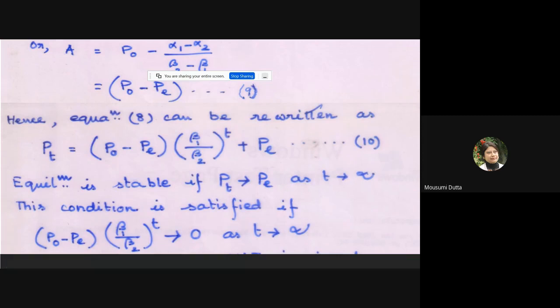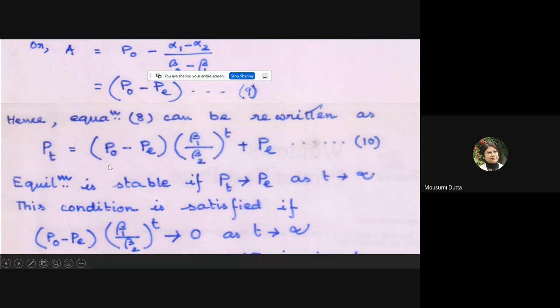So you will get an oscillatory time path of price. You will get oscillations around the mean value, around PE. Your PT will move up and move down. So you will get oscillations around the fixed or constant value PE, which is your equilibrium price, your market clearing price. So price will move up and down around the equilibrium price.